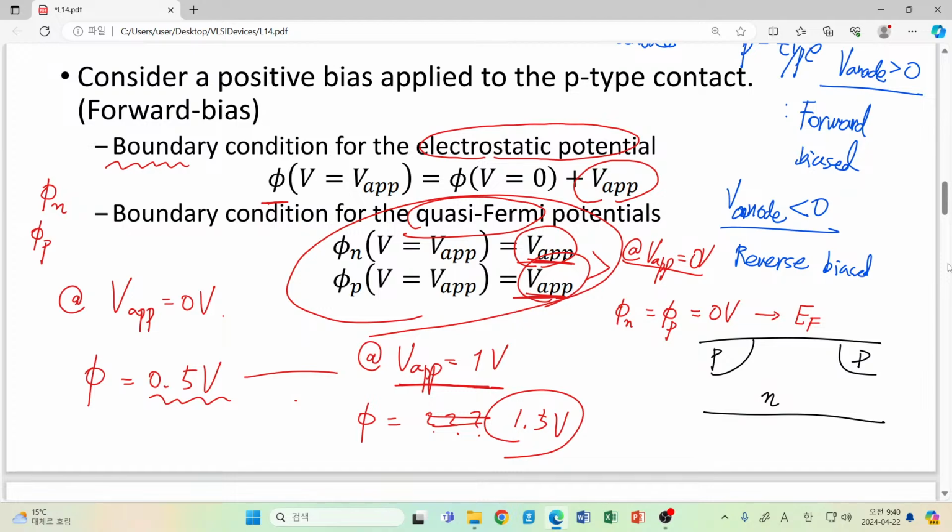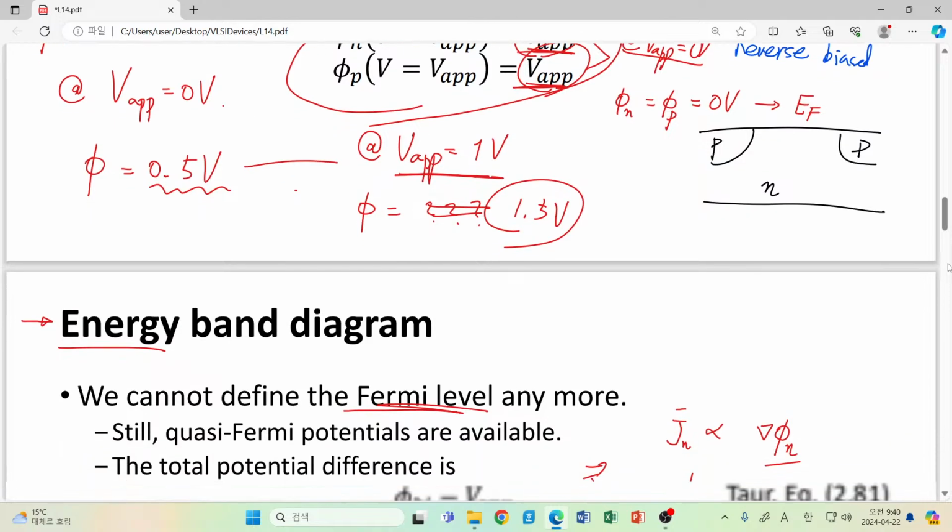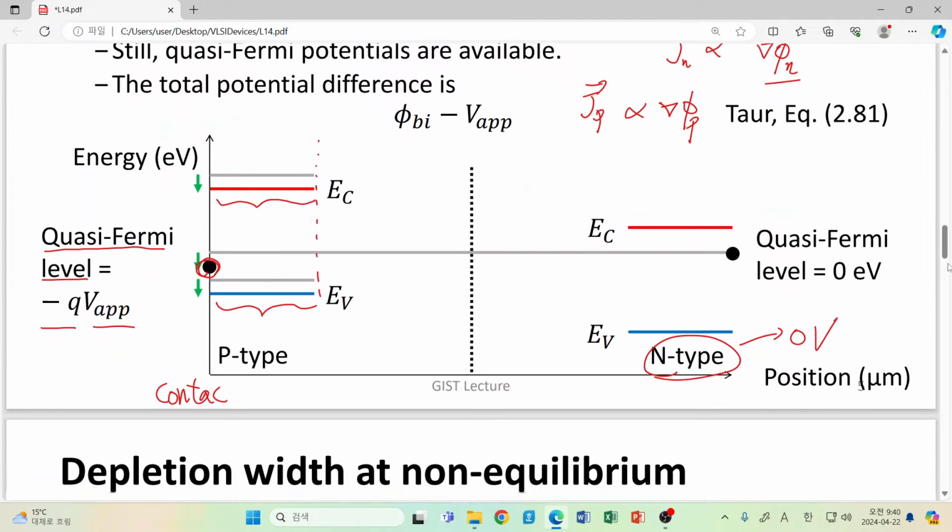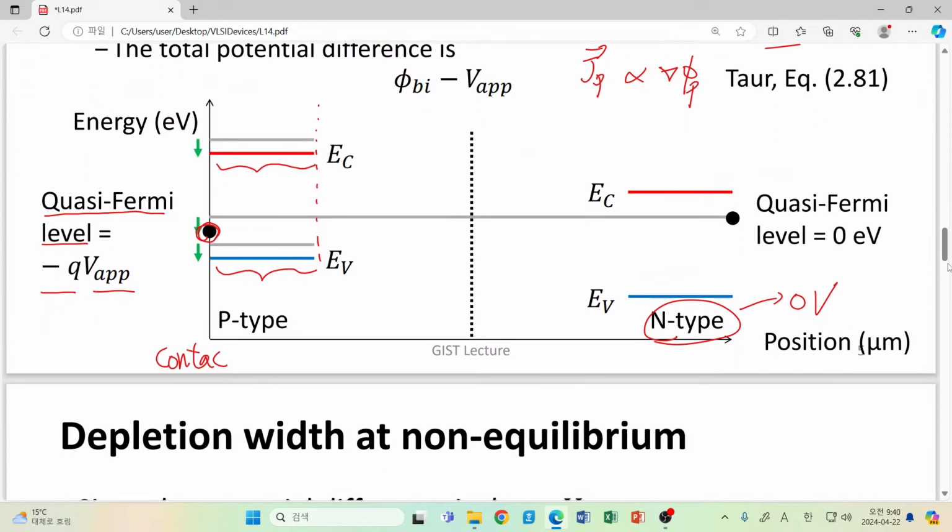Just nearby that contact, what will happen to our electron or hole quasi-Fermi potentials? Up to now, we have no idea, and since you have already studied this in a previous course, actually it has a certain gradient.